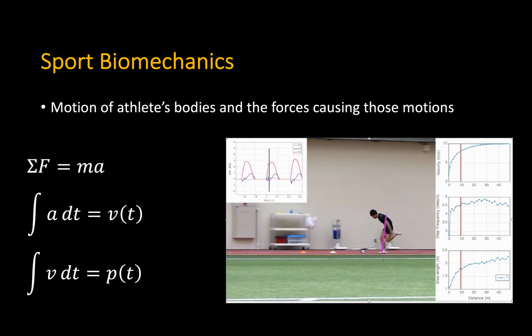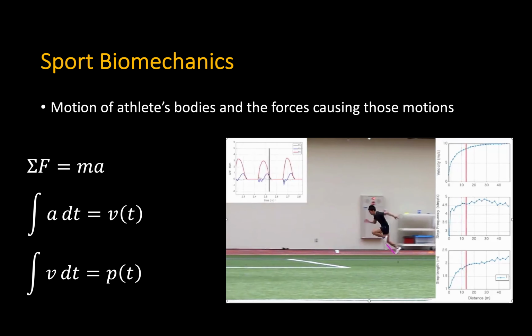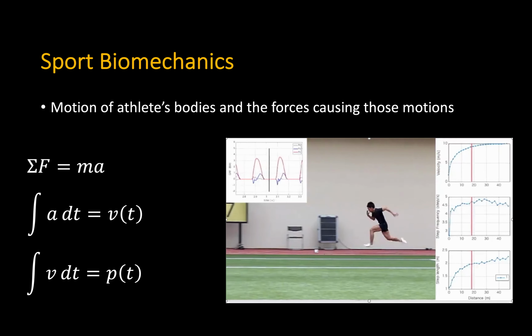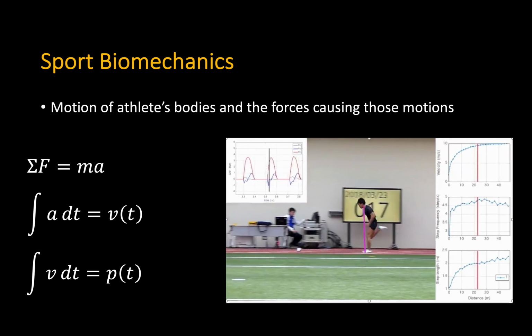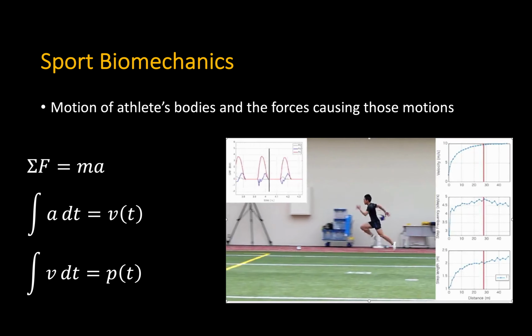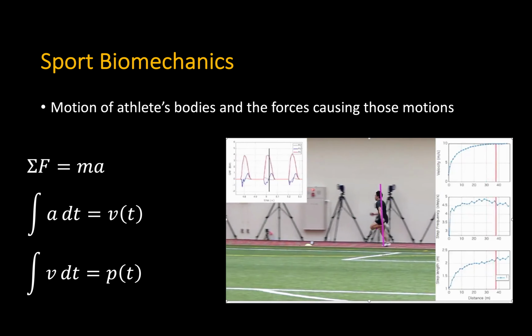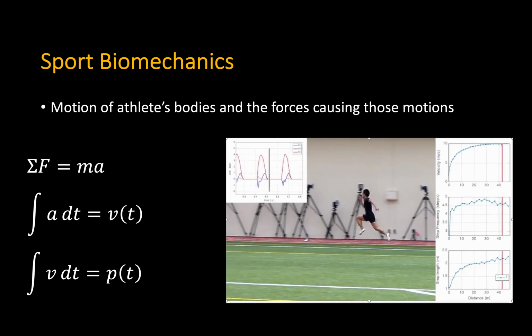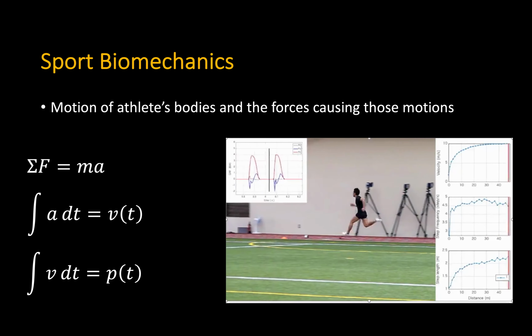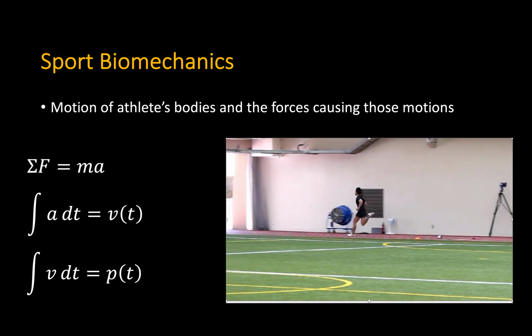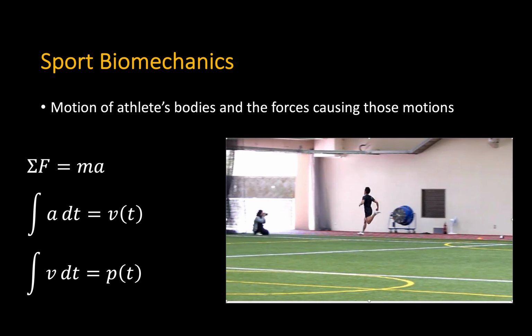Hopefully you guys can see this video playing. Here is a video taken from a sprinting athlete training in the coolest lab in the world. This is a lab in Japan where they have 50 consecutive meters of force platforms. If you've been down in our lab in the SPH building here on campus, we have 10 force plates in a row, which is 20 feet of force plates, ballpark 6 meters.